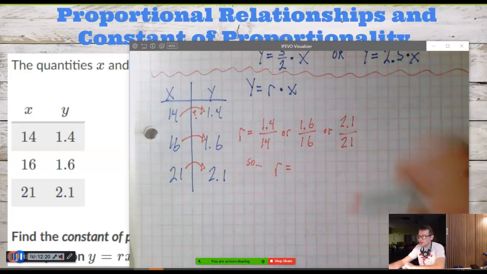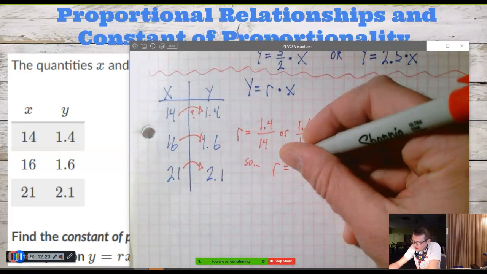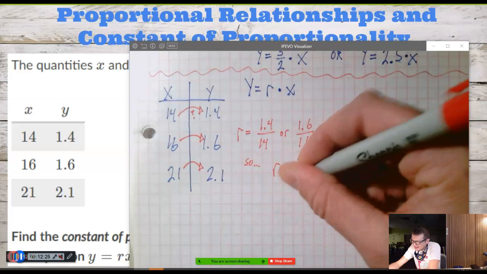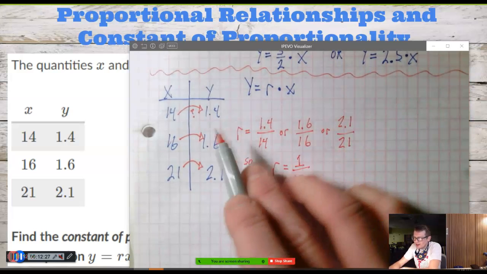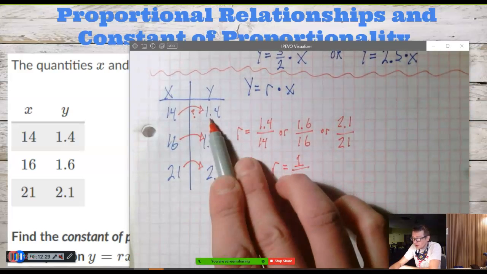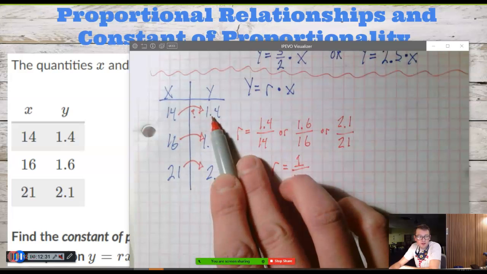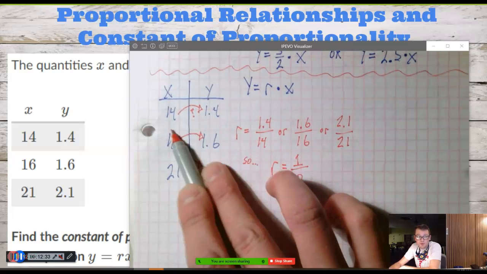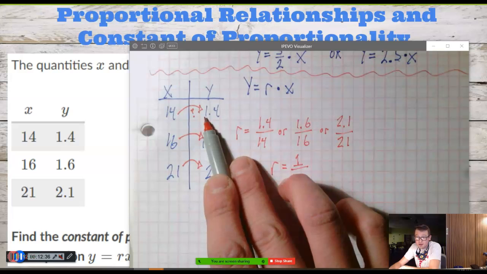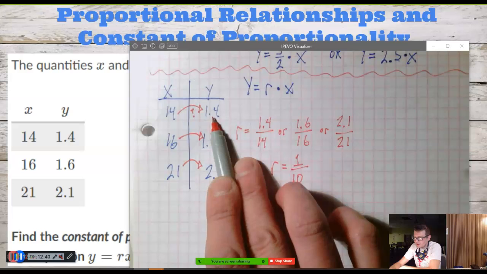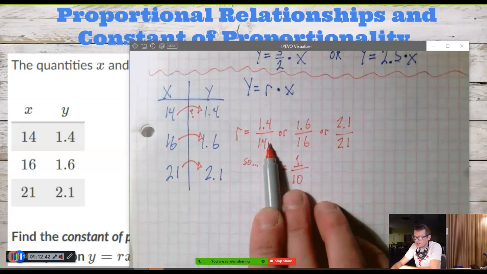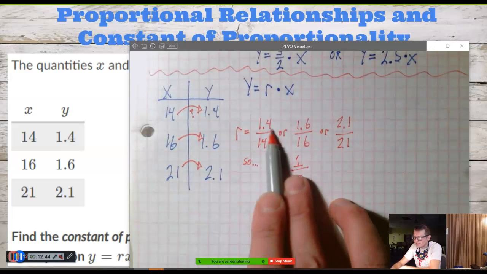Yes, it is 0.1 or 1/10. Guys, check it. The y value is smaller than the x value, right? The y value is less, so when we're saying what multiplication, it's going to be a number less than 1. So we have to compare the y to the x, and we see the bottom is 10 times the top.